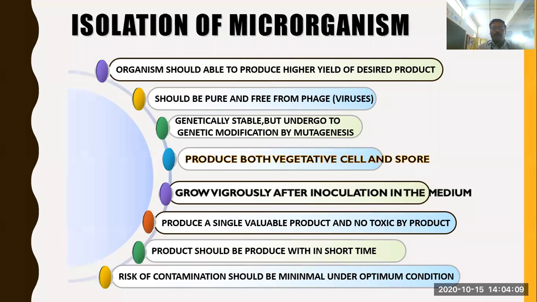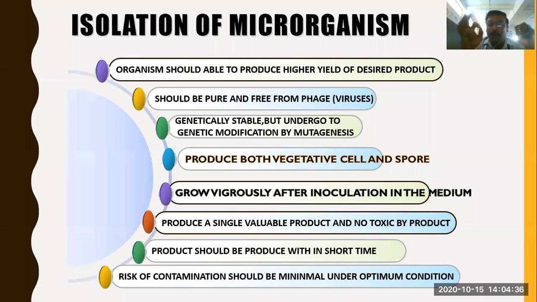Okay. Now another important point: it should produce a single valuable product and no toxic byproducts. It is very essential. You must know the biochemistry. We must know the metabolism. If your organism gives a large amount of toxic byproduct, there is no use.